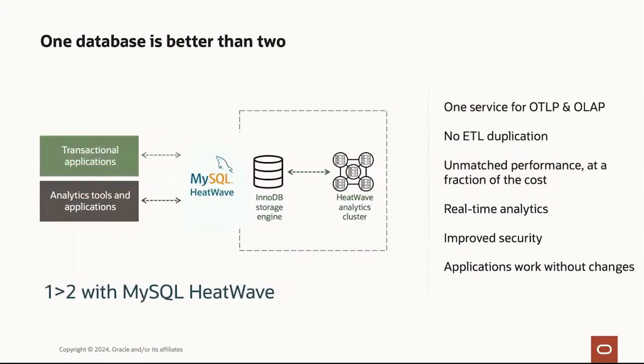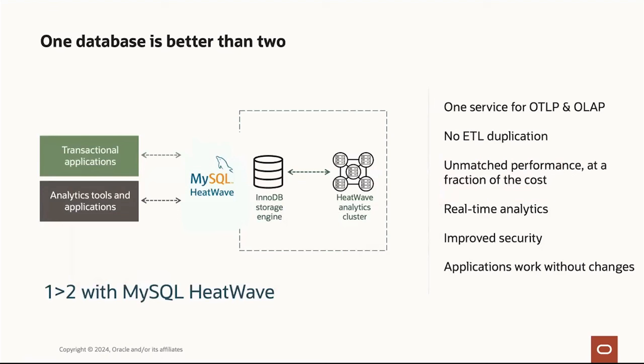And then building off of the previous slide, it's going to provide a single solution for running online transaction processing, or OLTP, and OLAP, or online analytical processing, workloads. So it enables you to run both OLTP and OLAP workloads in MySQL without the need to extract, download, and load data to a separate database for analytic processing.